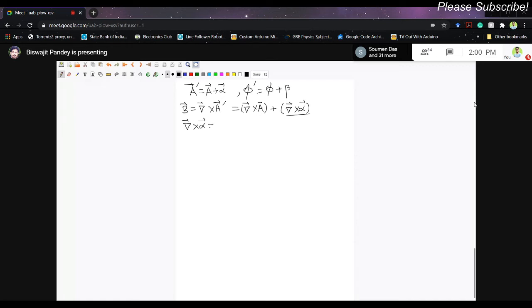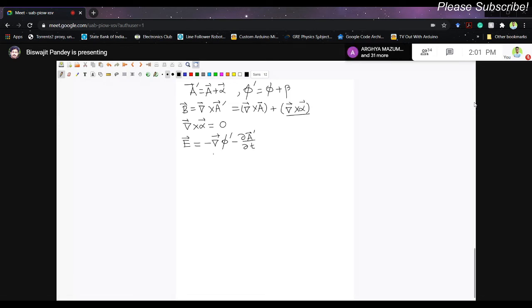Let us look at the condition that is required for beta. The electric field also should remain the same. If I use this mapping from phi and A to phi prime and A prime, then minus the gradient of phi prime, and I'm writing this because I should get back the same electric field and magnetic field.